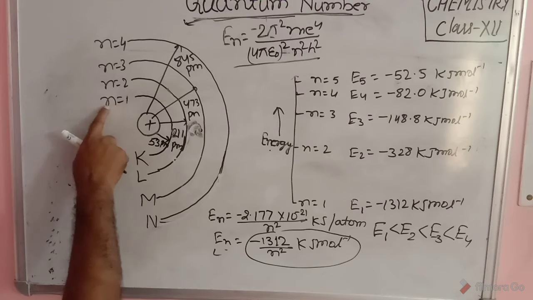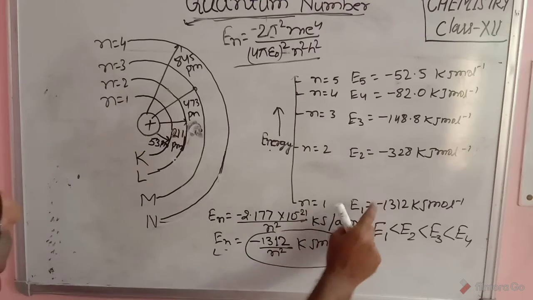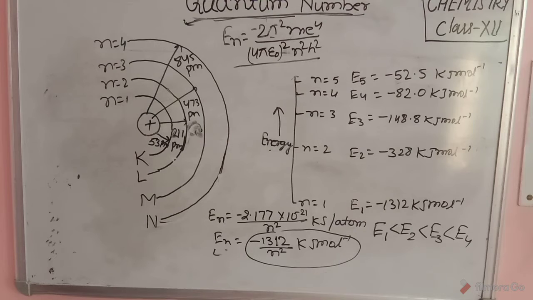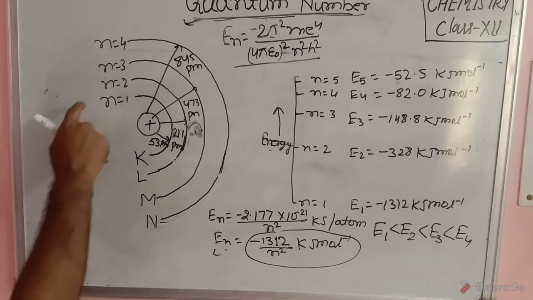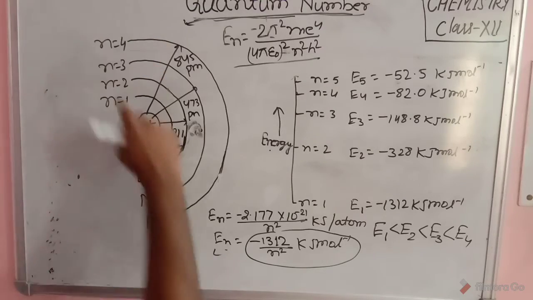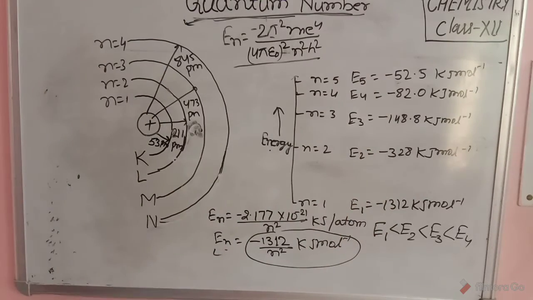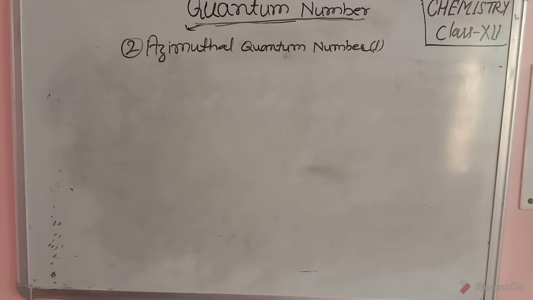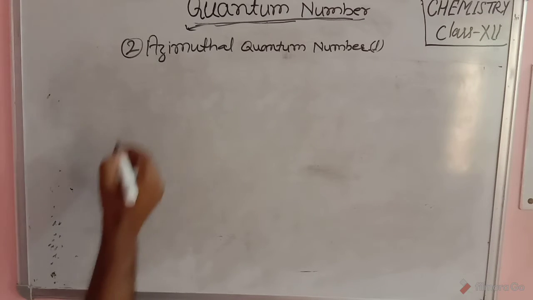You can observe when n is equal to 1, the energy value of the first energy shell is minus 1312 kilojoule per mole. Similarly for 2, 3 and 4, you can observe that the energy of an electron in an atom increases with the value of the principal quantum number. Is it clear?